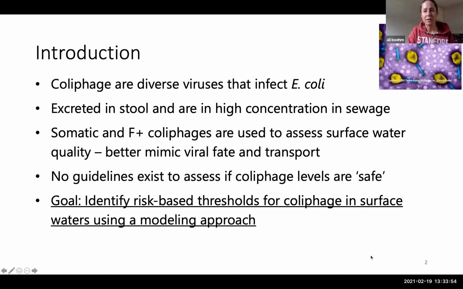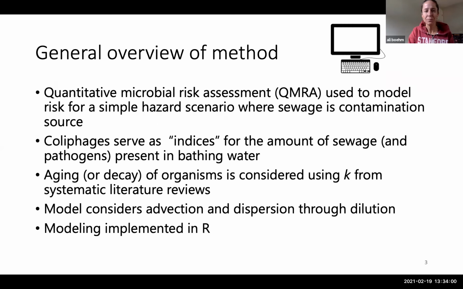So the goal of this study is to use a modeling approach to figure out what is a risk-based threshold for coliphage in surface waters. The general overview of the method is here. We use quantitative microbial risk assessment to model a simple hazard scenario where sewage is the contamination source for coliphage.